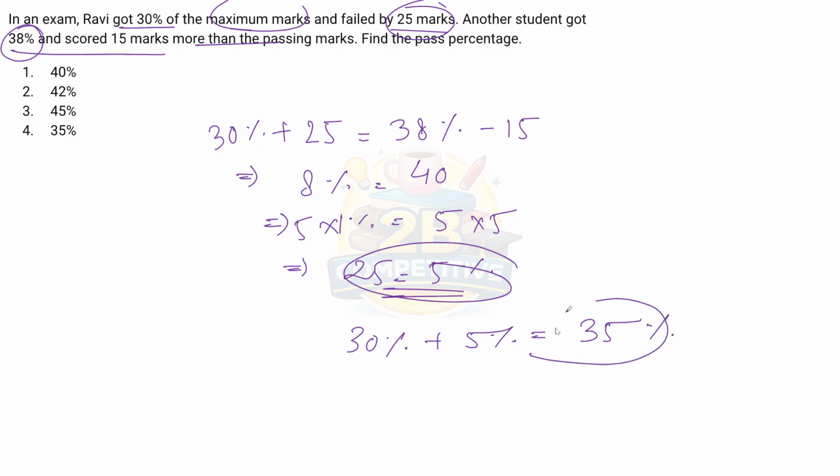That is the answer. You can see many will calculate the maximum marks. After getting the maximum marks, they will calculate the passing marks. Then after getting the passing marks, they will obtain the pass percentage. This will take you another 2 to 3 minutes. So you can actually use this directly to get the answer.